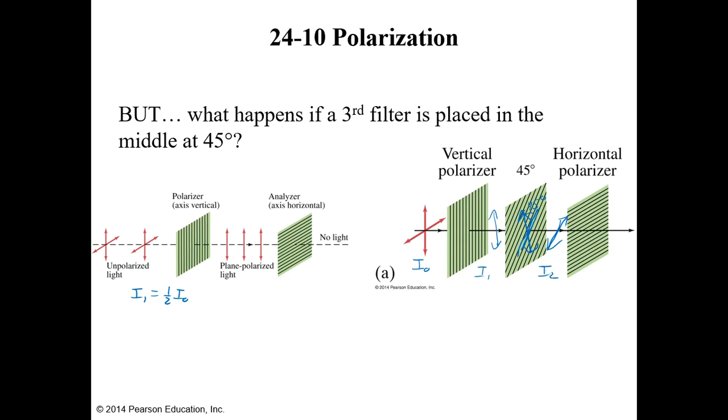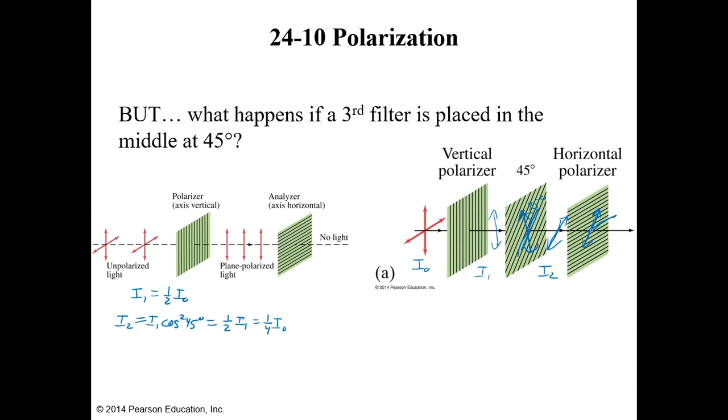Now you have some intensity I2, which now we do need to follow Malus' law, which states that I2 is now going to equal I1 times the cosine squared of 45 degrees, which would be 1/2 times I1. I1 is 1/2 I naught, so that becomes 1/4 of I naught. Half of a half would be a quarter. Now here's the interesting thing. Now you have light polarized at 45 degrees.